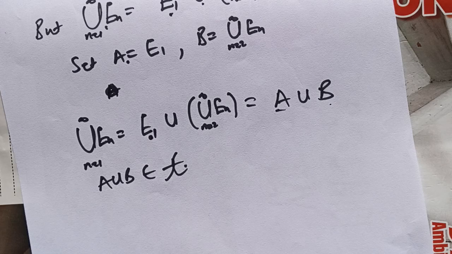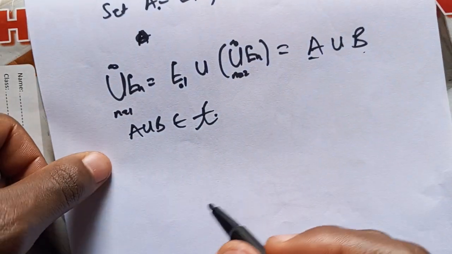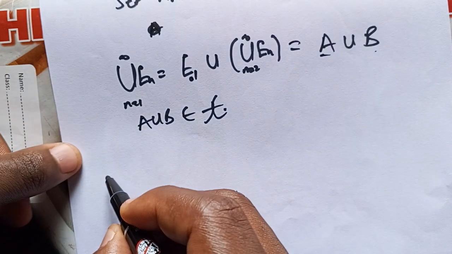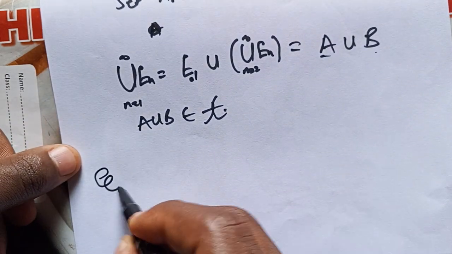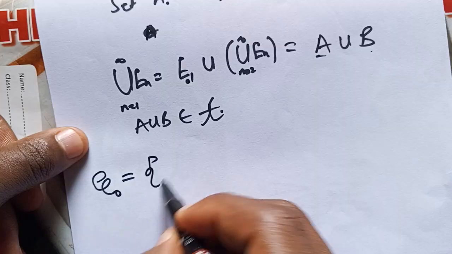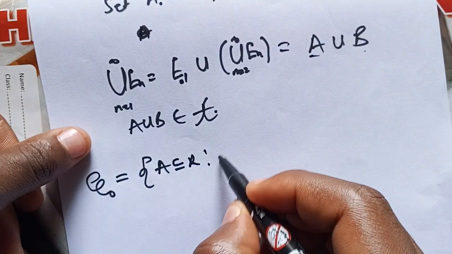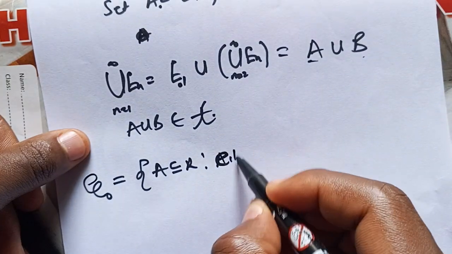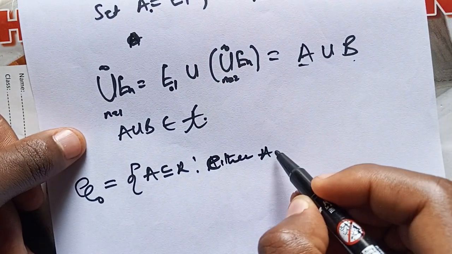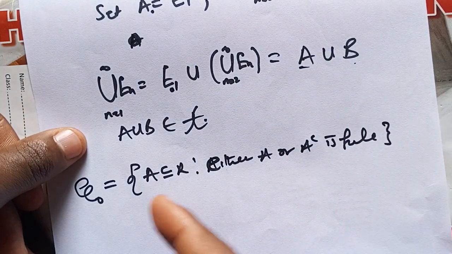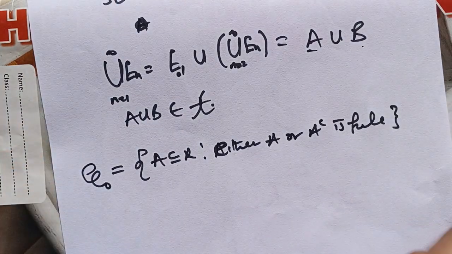So recall that in my last video I showed an example: look at this algebra, let me call it A naught, the collection of A subset of R such that either A or A complement is finite. So this is an example of an algebra that is not a sigma algebra.